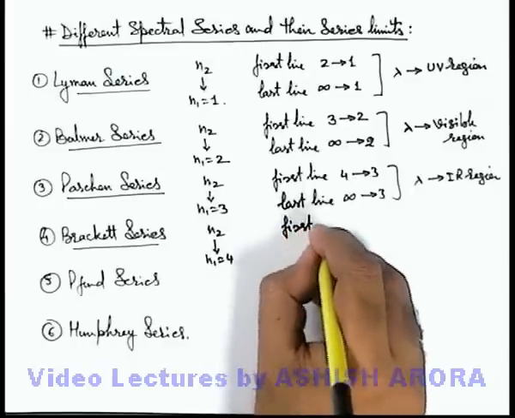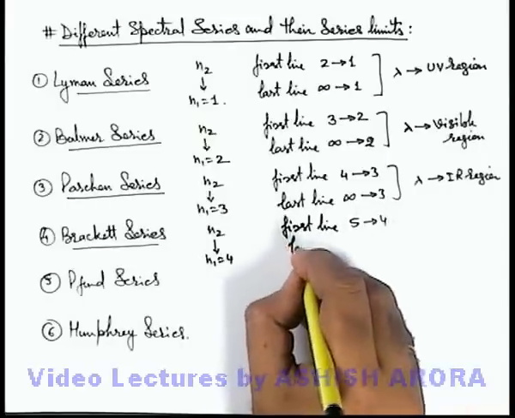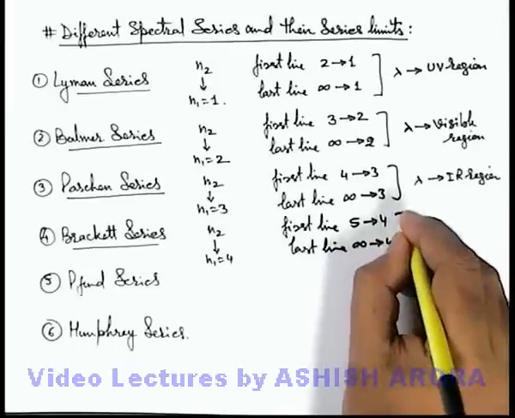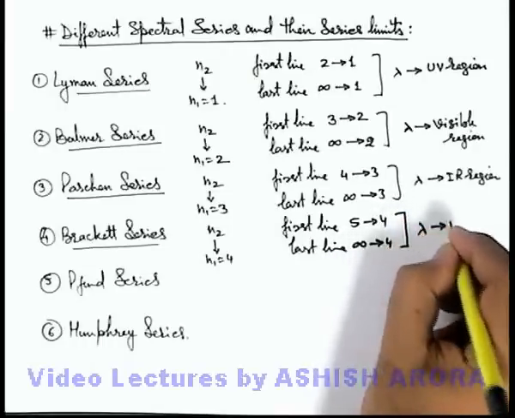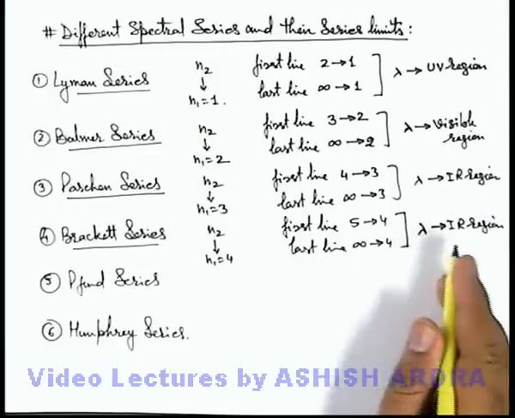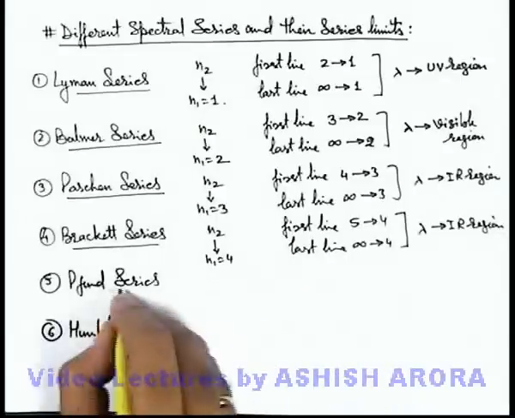Here the first line corresponds to transition 5 to 4, and the last line corresponds to transition from infinity to 4. Here the wavelength is again in the infrared region, or here we can see the region becomes deep infrared, whereas in the Paschen series it is early infrared.